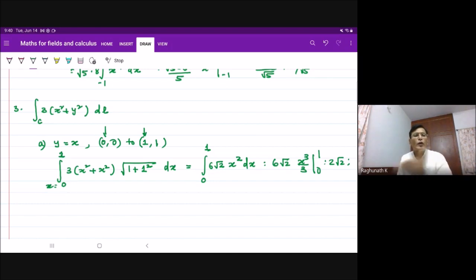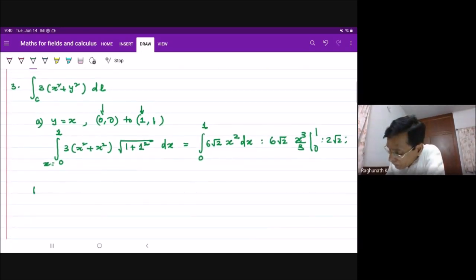Even if you go from 0 to 1 for y also, it will be the same. That was A.